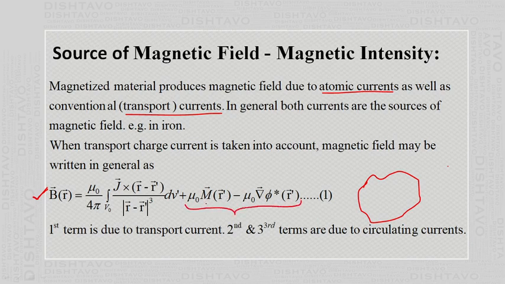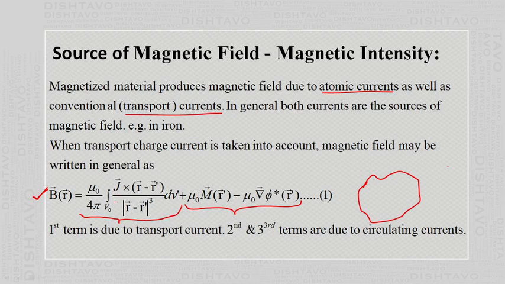It will depend upon the magnetization of the material and the magnetic scalar potential phi. So this expression we have found. Besides that, it will also depend upon the external current, the current density. So it is not J suffix m, but simply J.